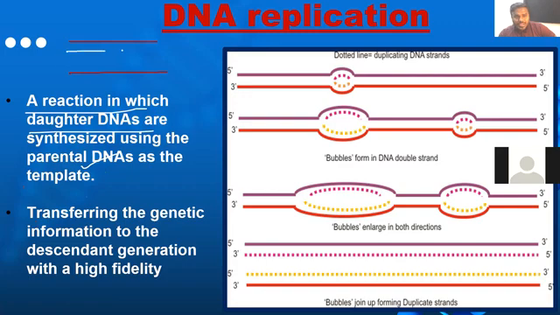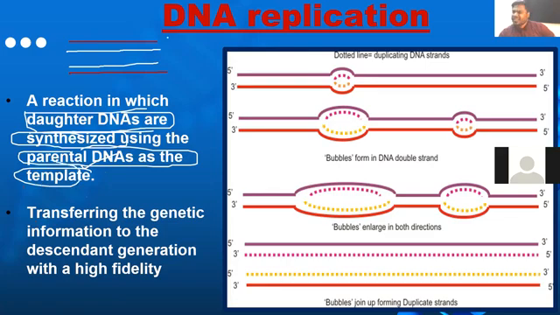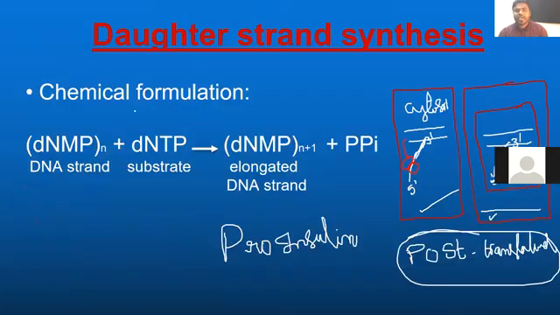So my friends, what's happening now? There is a synthesis of the daughter strand. That's a simplified definition, nothing difficult. A reaction in which daughter DNAs are synthesized using the parental DNA as the template. That's all.